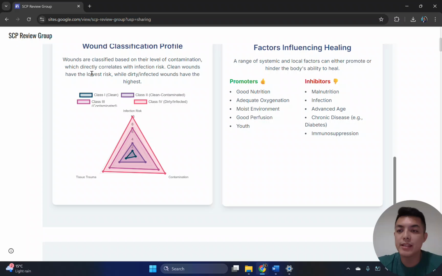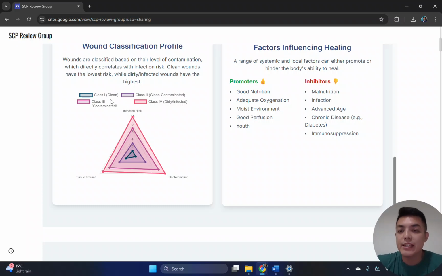Clean wounds have the lowest risk, which are your class 1, while dirty or infected wounds have the highest. We'll go deeper into this later on. If you have questions, just place them in the comments.